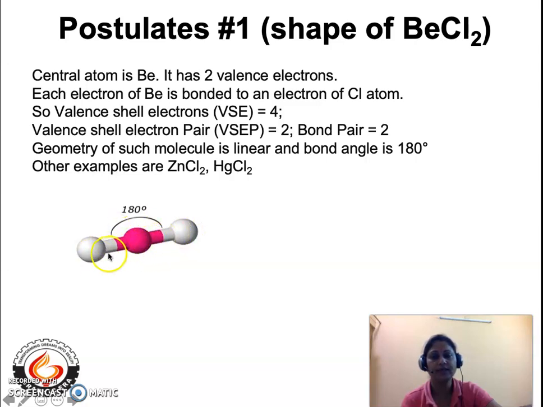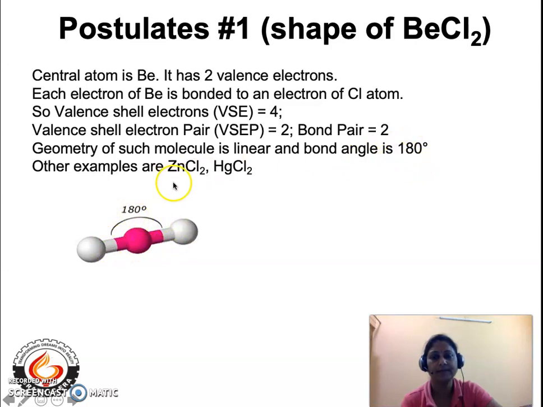By assuming a linear shape, the 2 bond pairs have minimum repulsion, and in this linear shape beryllium chloride assumes maximum stability. What is the bond angle? It is the angle between the 2 bond pairs, that is 180 degrees.